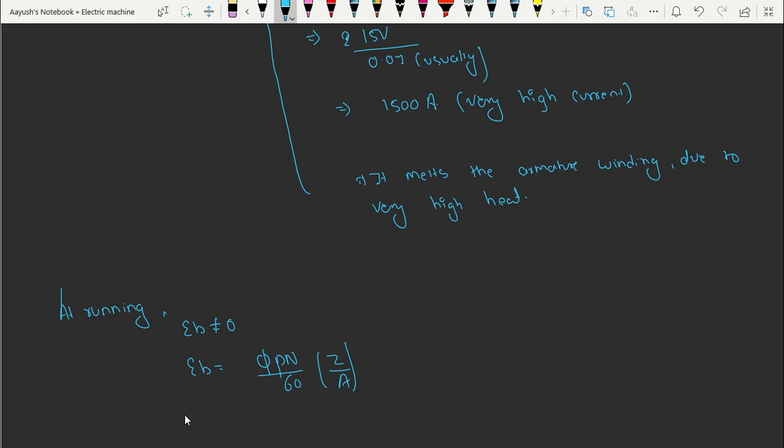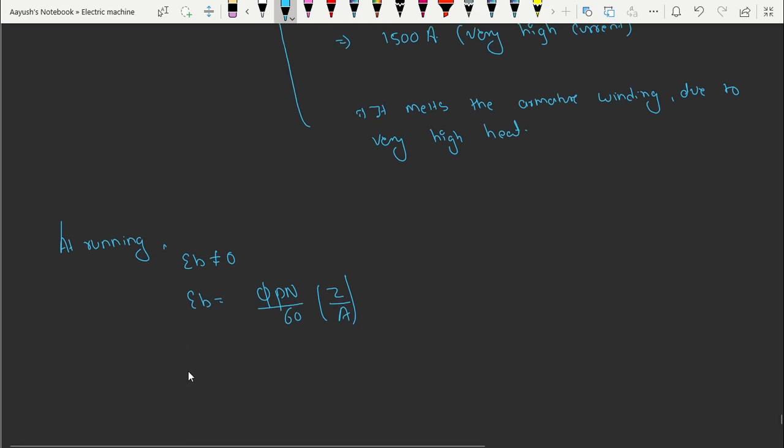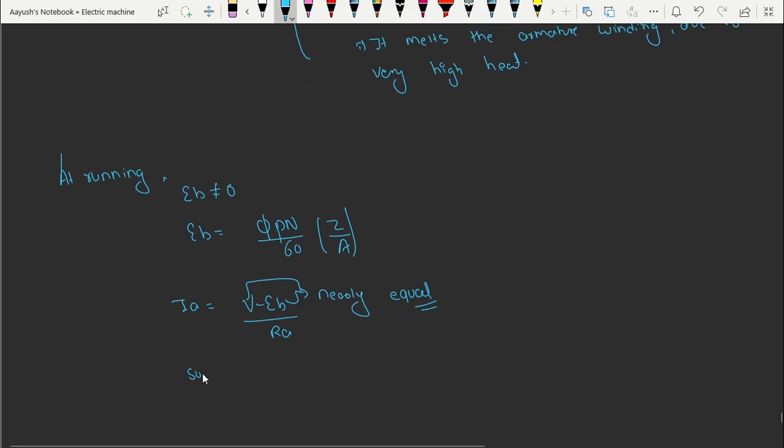At running condition, EB won't be 0, and the current equation is (V minus EB) by RA, and these two terms are nearly equal, so IA would be small.